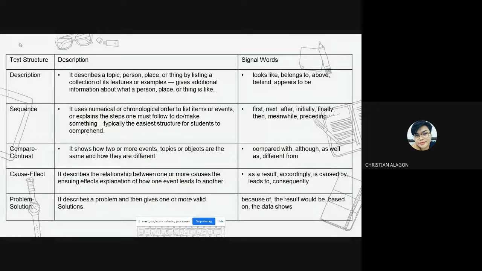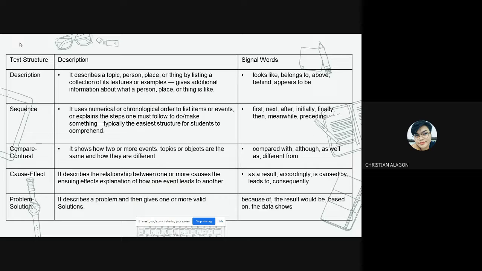All right. So I have here a table that has the description and the signal words of the text structure of the expository text. The first one, remember, is description. It describes a topic, person, place, or thing by listing or collecting its features or examples.